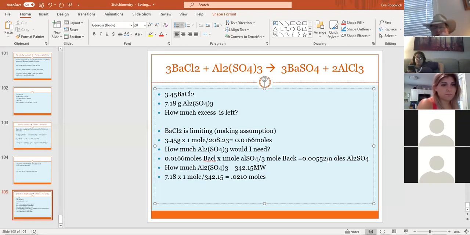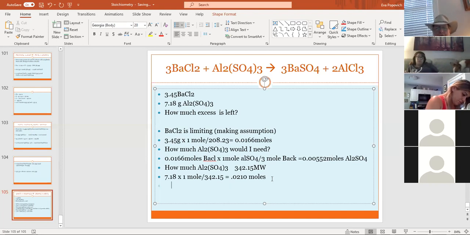Do I have that much? Yes, and some more. I have that much and more, right? So if I have that much and more, this means that my barium chloride is my limiting reagent. That means I have excess aluminum sulfate.